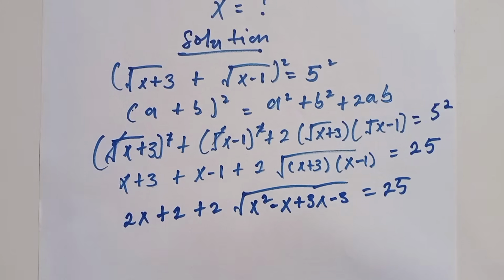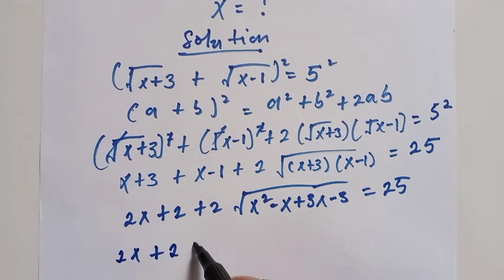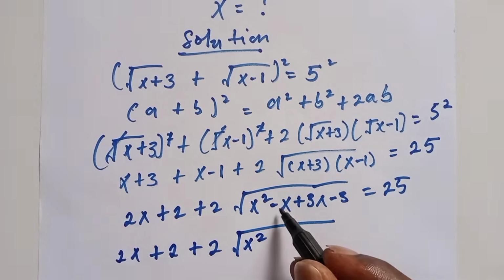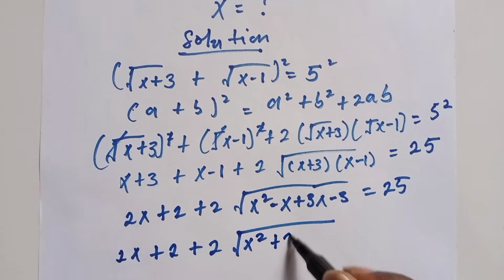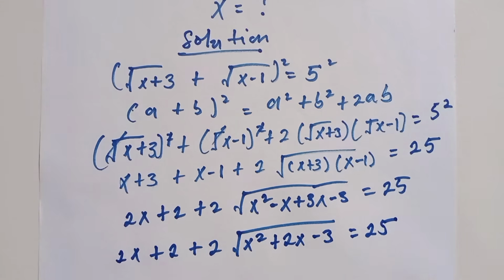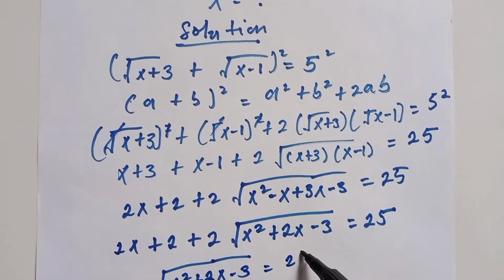So we have 2x plus 2 plus 2 roots x squared minus x plus 3x, which will give us plus 2x minus 3, is equal to 25. So from here, if I take this to this side, I have 2 roots x squared plus 2x minus 3 is equal to 25.